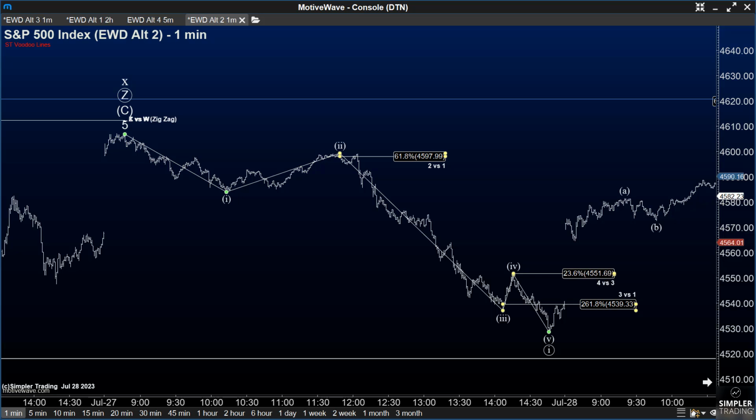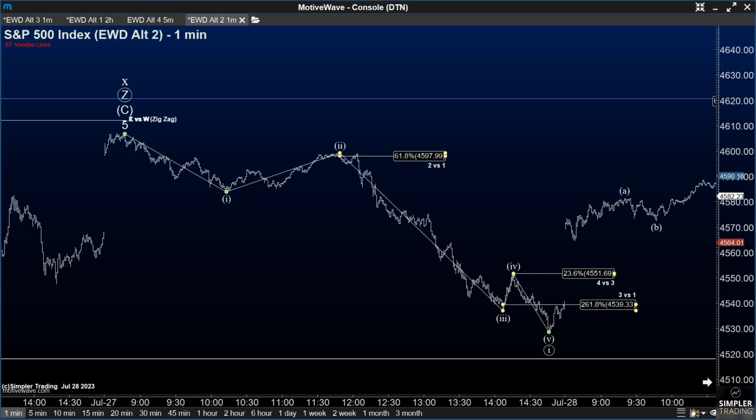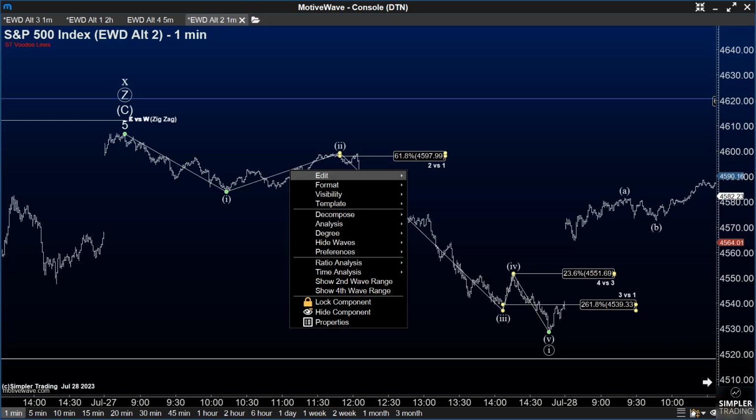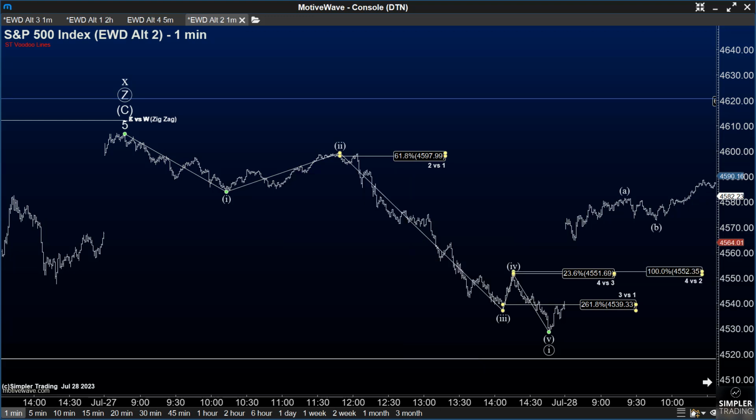In this case, you can see that the bounce ended at the 23.6% retracement of just this move down from the wave 2 high to the wave 3 low, but it was also a bounce that was pretty much the same size as this wave 2 bounce, which is another very typical proportion.